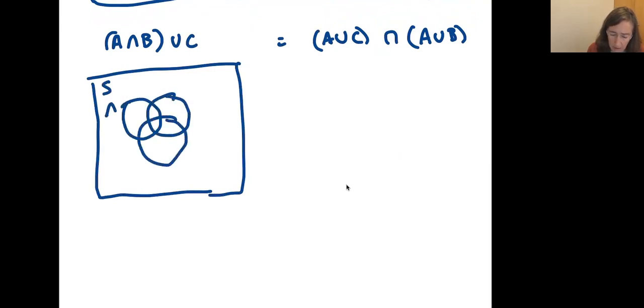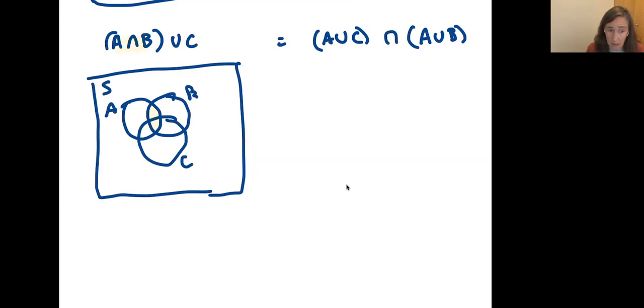Sets A, B, C, and so first I want A intersect B. So A intersect B, that's this kind of lens-shaped area here.